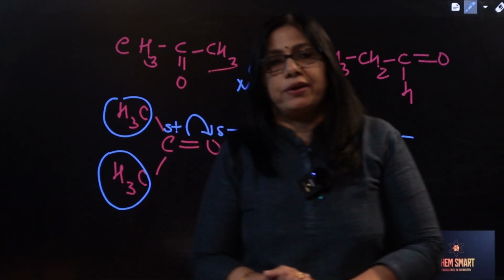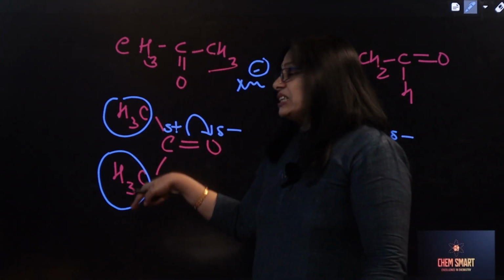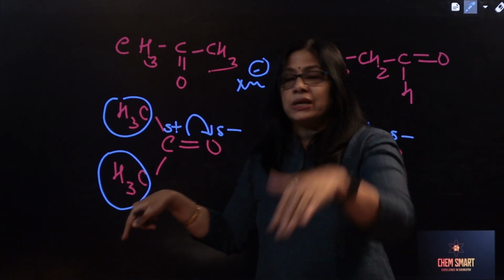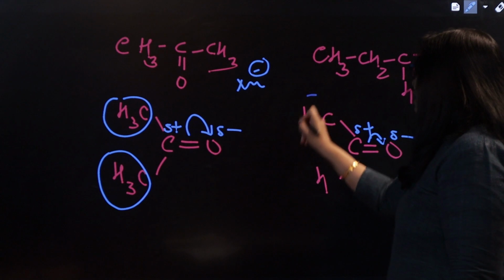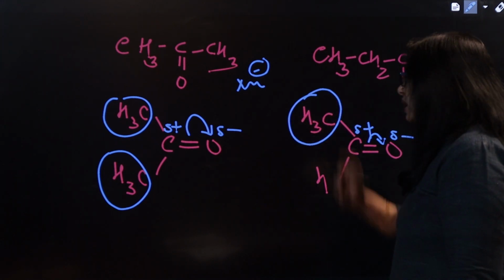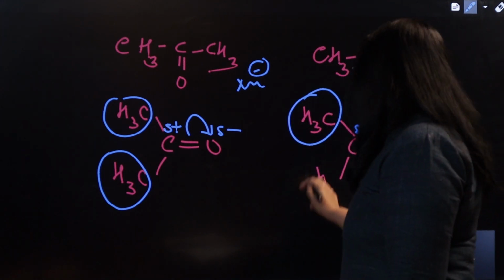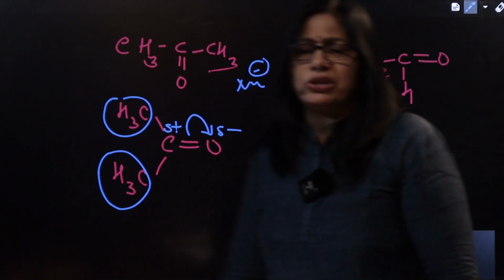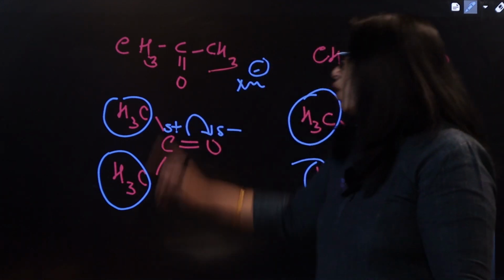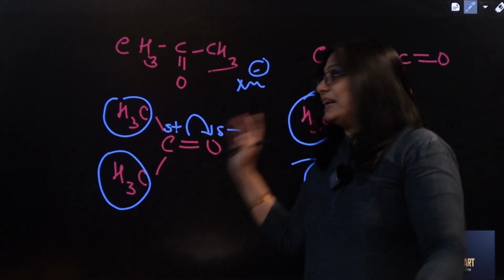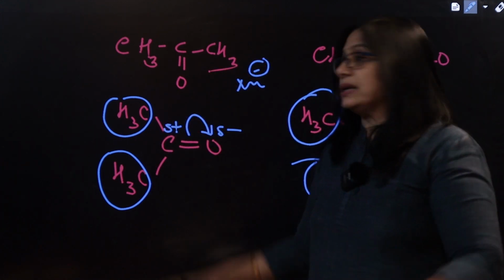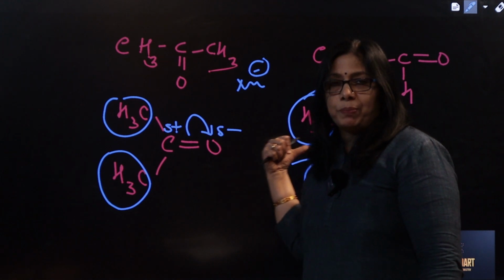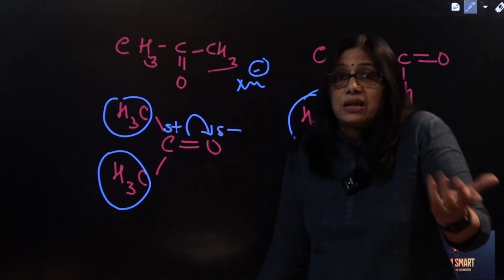So there is more hindrance surrounding the electrophilic carbon in propanone, compared to propanal, where there is only one bulky methyl group and the other is a small hydrogen atom, which doesn't offer much hindrance. So the entry of Nu- will be comparatively more difficult in propanone compared to propanal, making it less reactive. That is the steric reason.